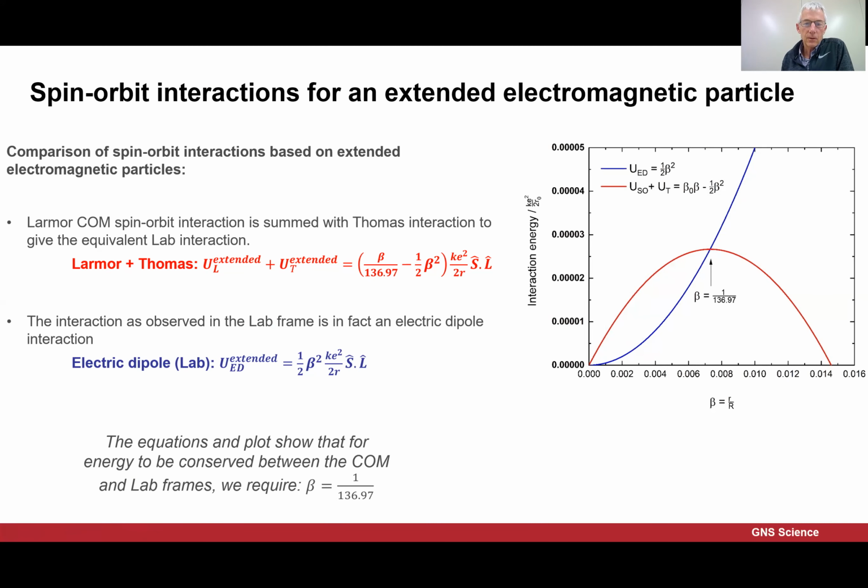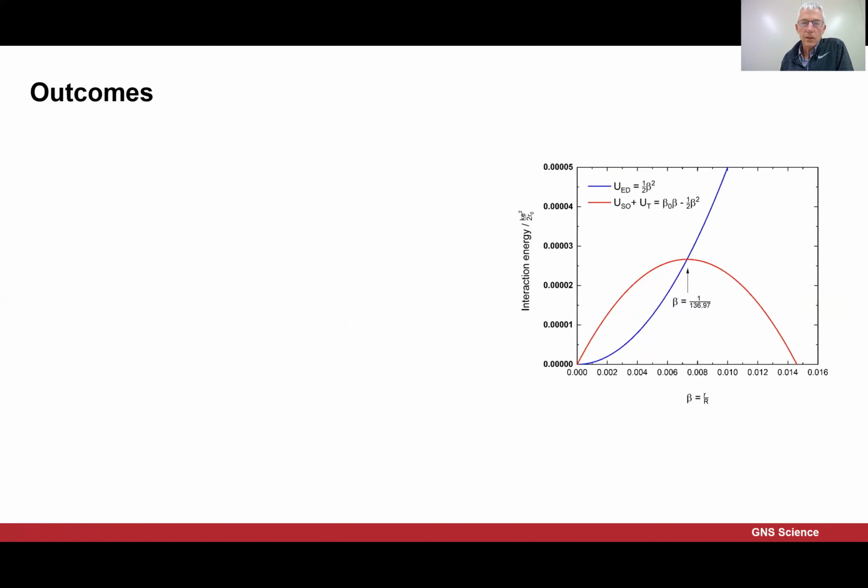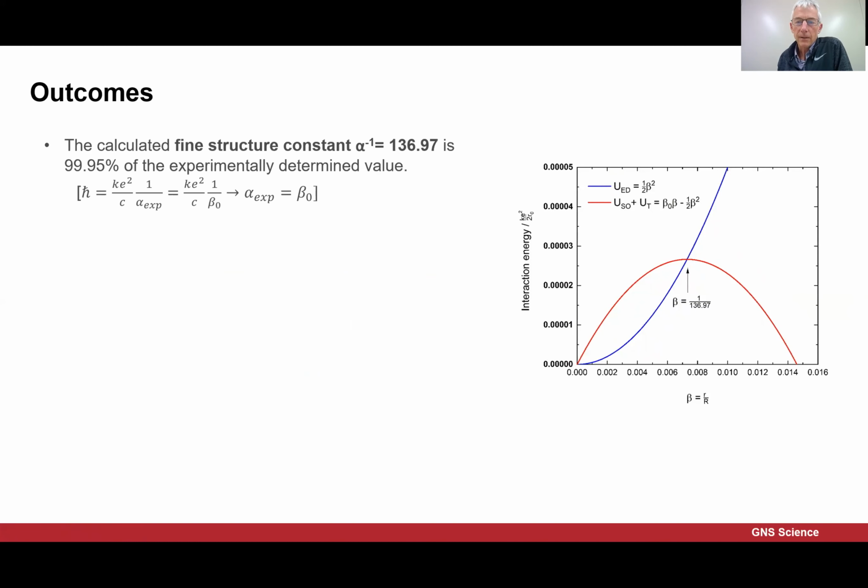And so that means that's the only point at which the orbital velocity is agreeable between the frames. And so that defines the fine structure constant to be this value, and it is as determined.